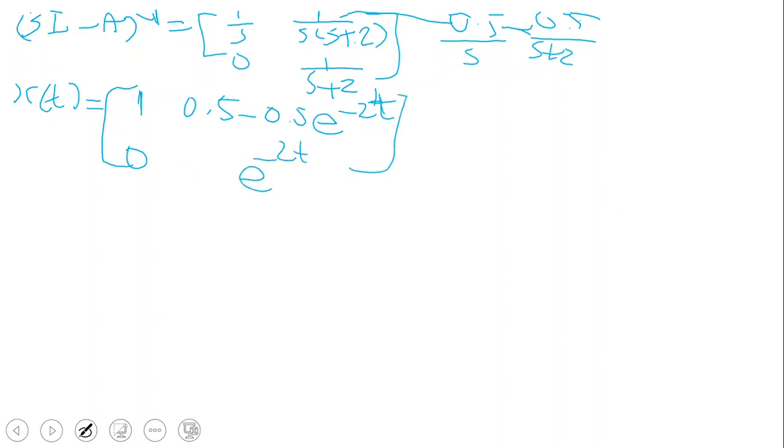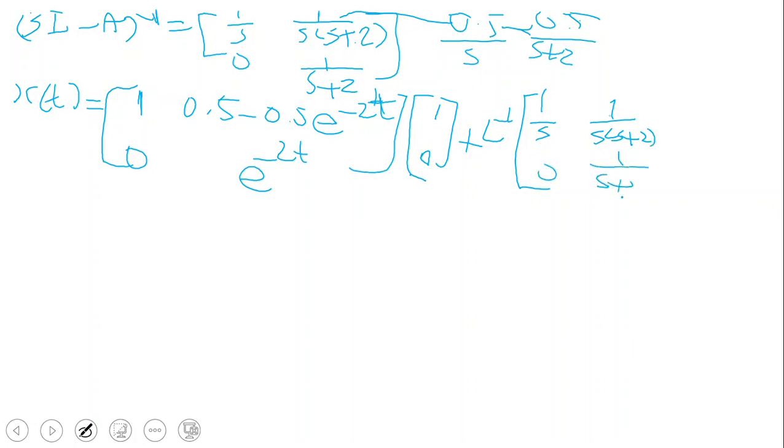So this is multiplied by x of 0. What is x of 0? 1, 0. Plus L inverse of sI minus A inverse, that means I should write 1 by s, 1 by s into s plus 2, 0, 1 by s plus 2, that is L inverse of sI minus A inverse into B into U of s.